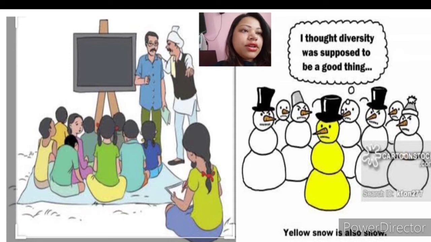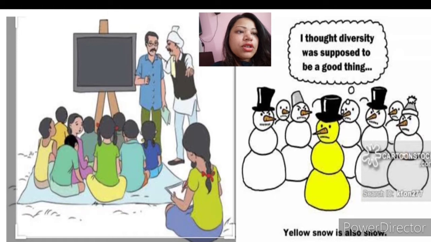And the second cartoon, you can see there are eight snowmen, and one of the snowmen is yellow in color, and the other seven are very alarmed and flabbergasted because they saw someone who is not like them.